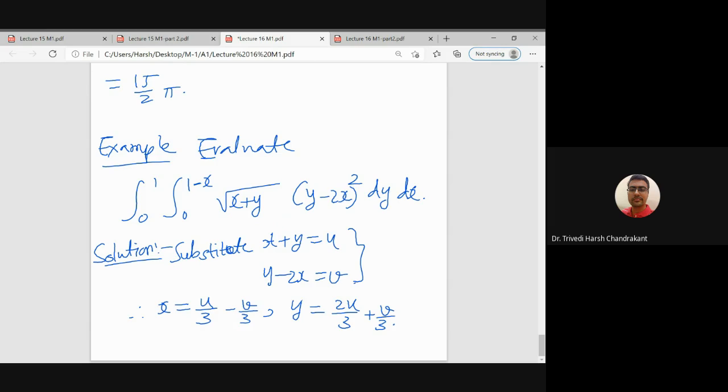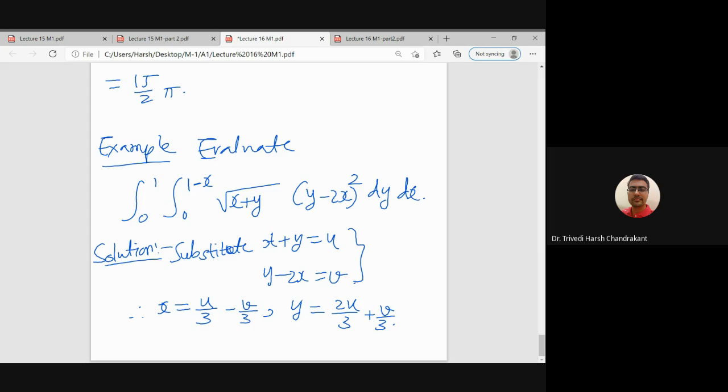Just verify whether this is correct or not. So basically we eliminated x and y from these equations, x plus y equals u and y minus 2x equals v. So now our x and y variables are converted into u and v variables. So x and y are functions of u and v.